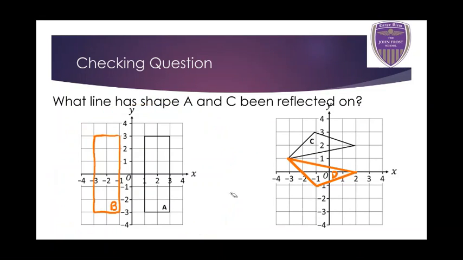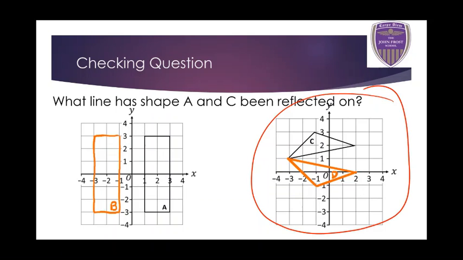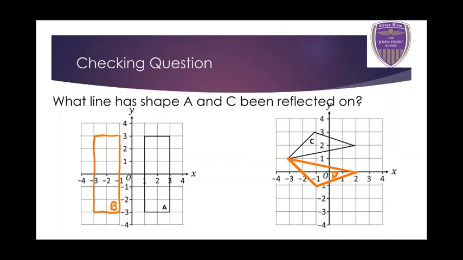And similarly, for shape C over here, what line of symmetry or line of reflection did I have to use to reflect shape C to get shape D? So pause the video, have a look, and write down what you think the line of reflection was for these shapes.